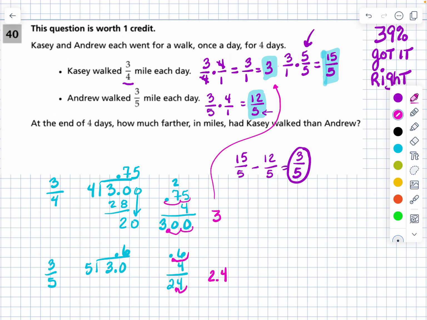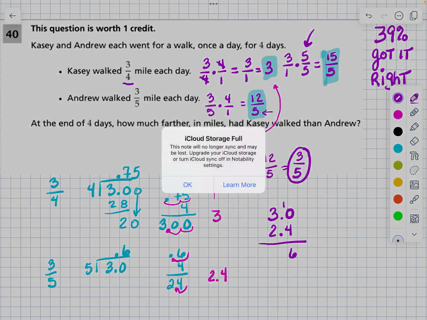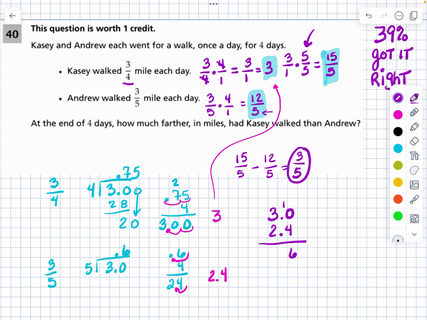Okay, so now we can subtract Kasey's walk minus Andrew's walk. I have to add a 0 there to subtract. 10 minus 4 is 6. Bring down my decimal. And then this goes to 0.